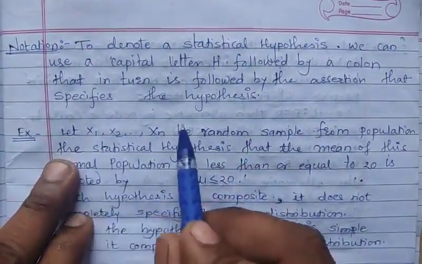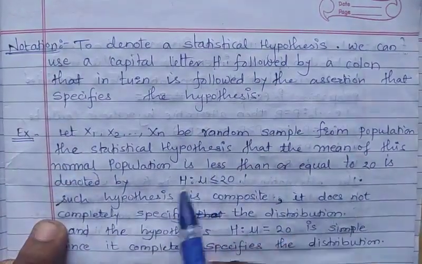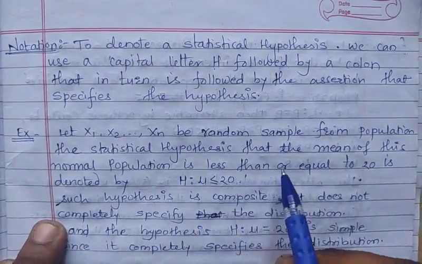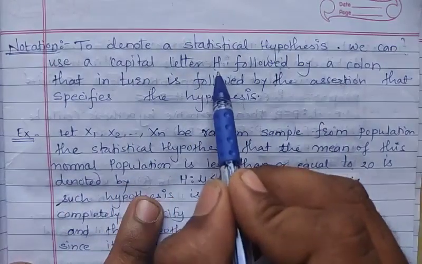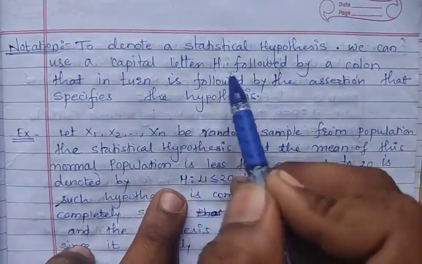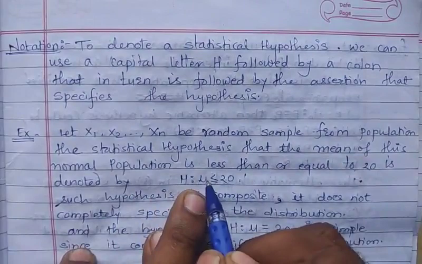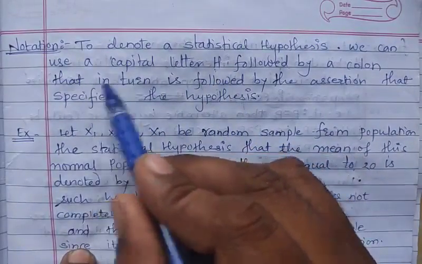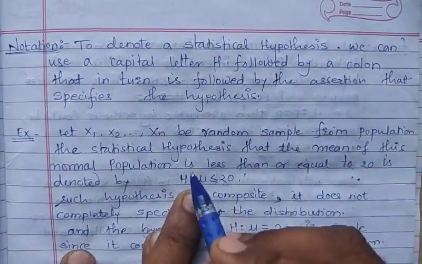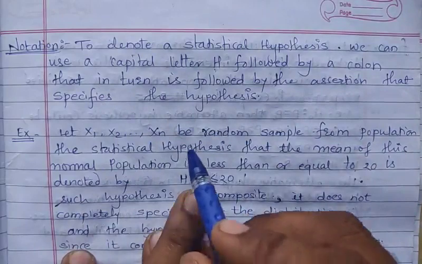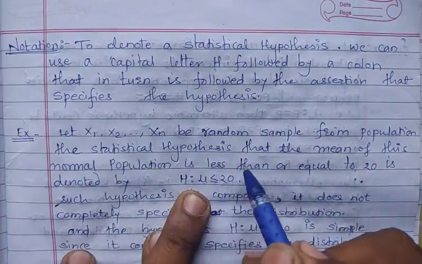we are given a random sample of size n from a normal population. The statistical hypothesis that the mean of this normal population is less than or equal to 20 is denoted by capital H, then a colon, then mu, since mu is the notation for the mean, followed by the assertion: mu less than or equal to 20.